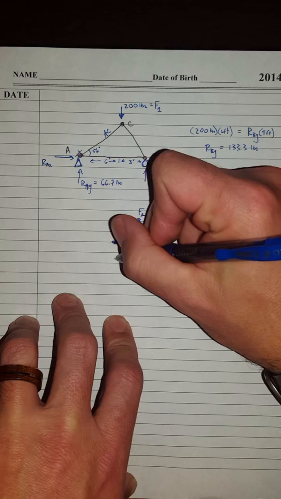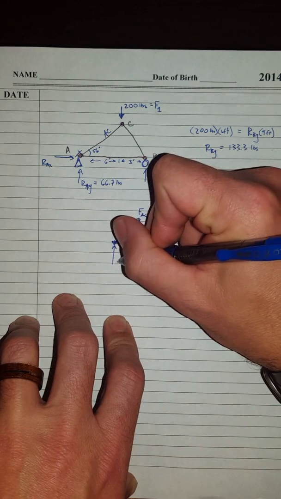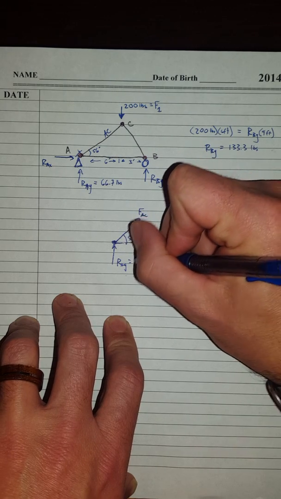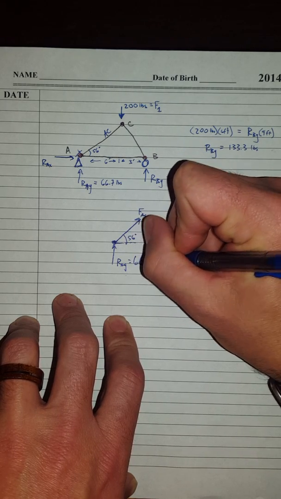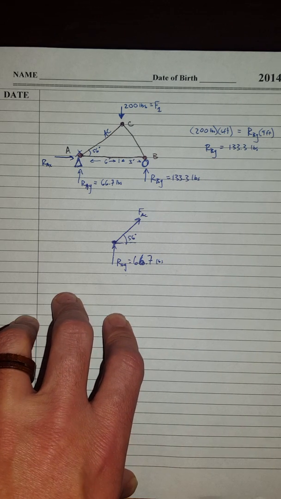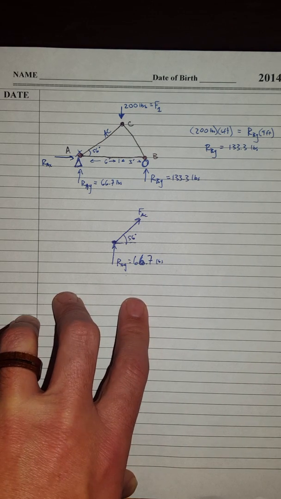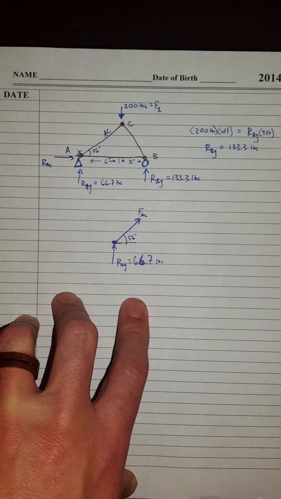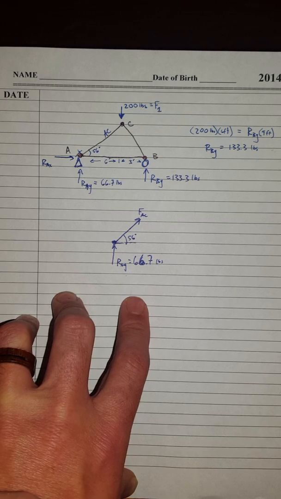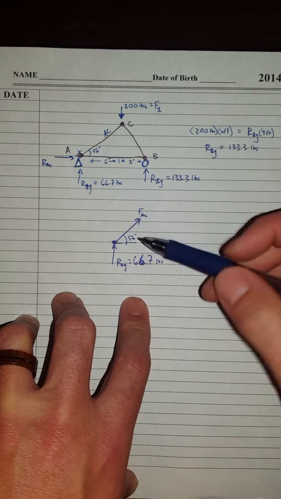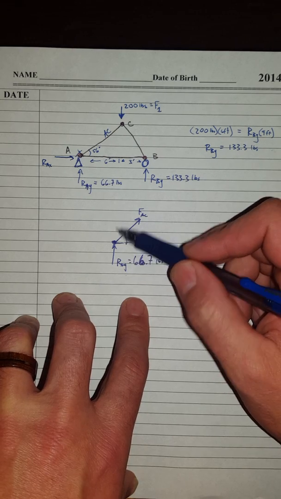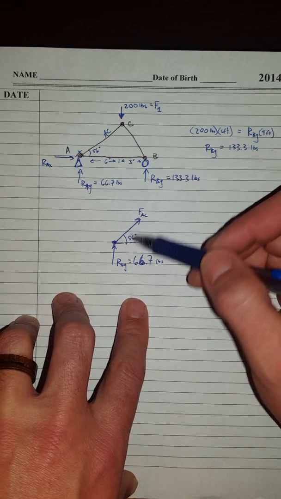Now, because we know R_A_Y is acting right here, and it has a force of 66.7 pounds, and we know that the bridge is at static equilibrium, meaning the forces are balanced and it's not moving, we have to have some force right here that's pushing down with the same amount of force as this one is pushing up. Otherwise, the bridge would accelerate up.